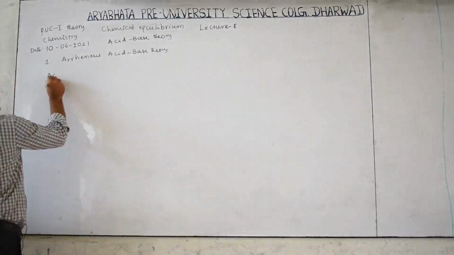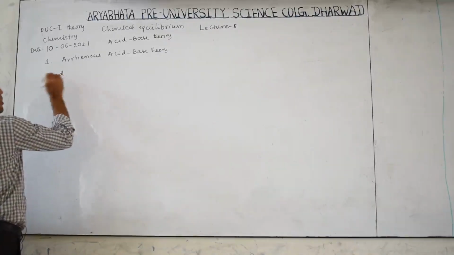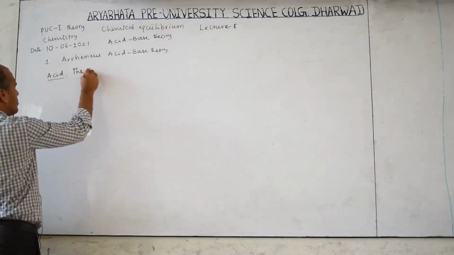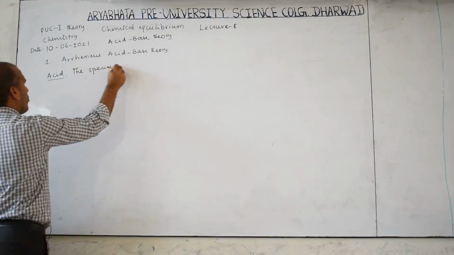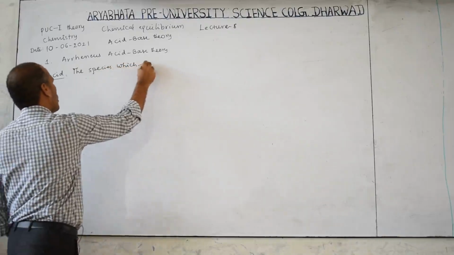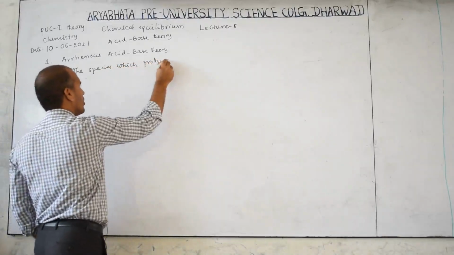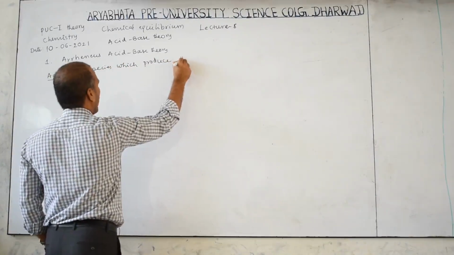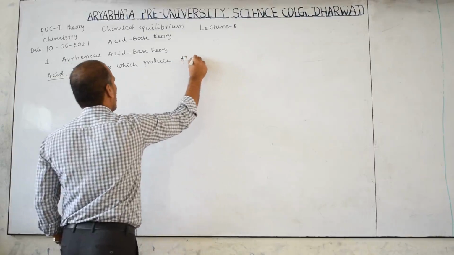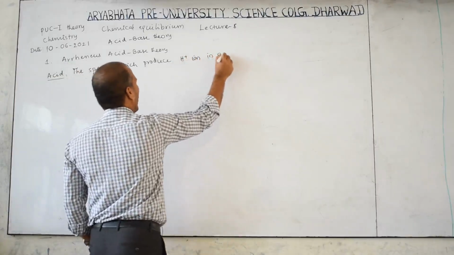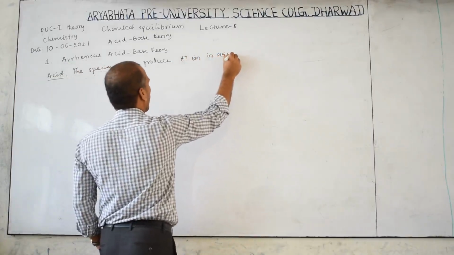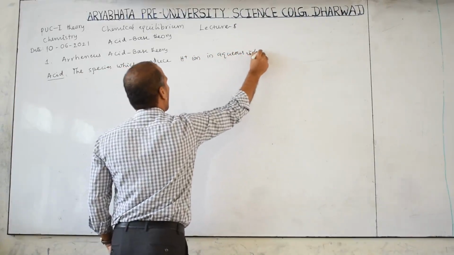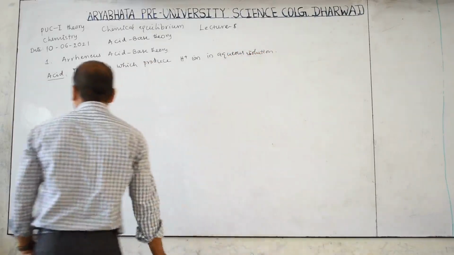So what is the acid? The substance, or the species, which produces proton or H plus ion in aqueous solution, that is called acid.